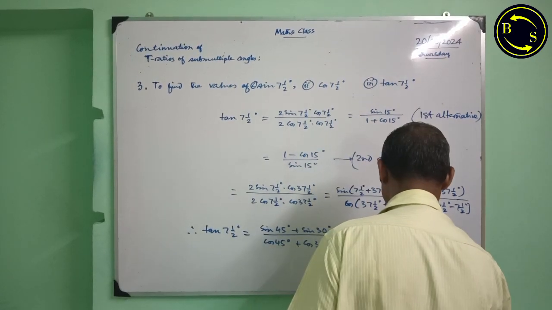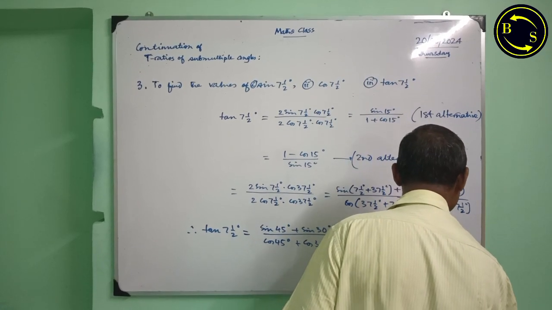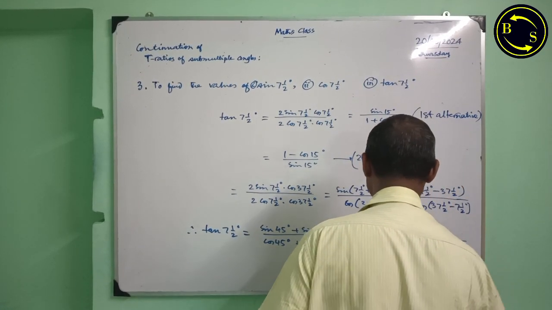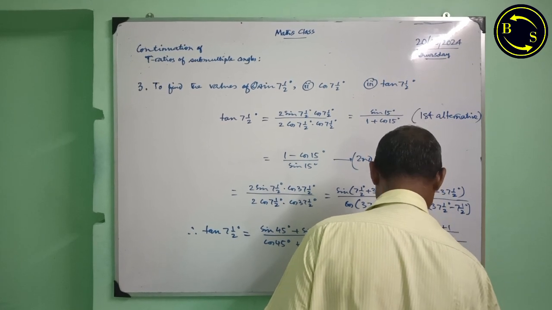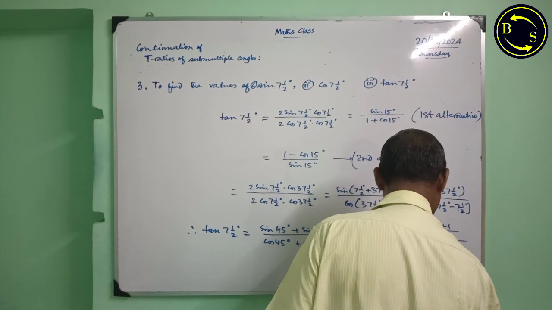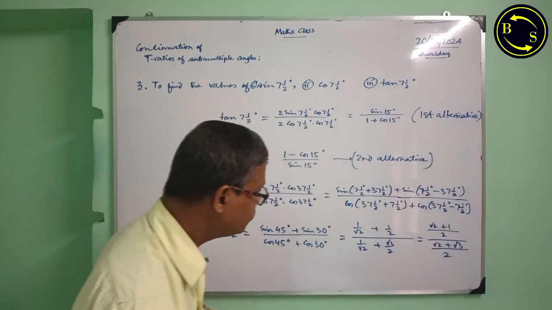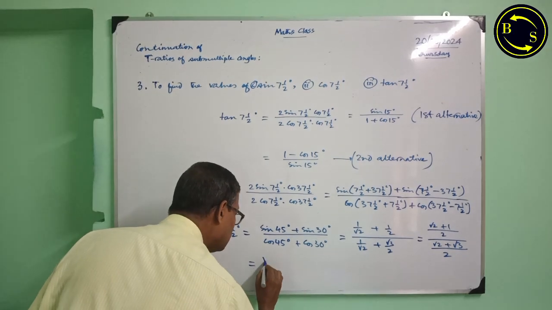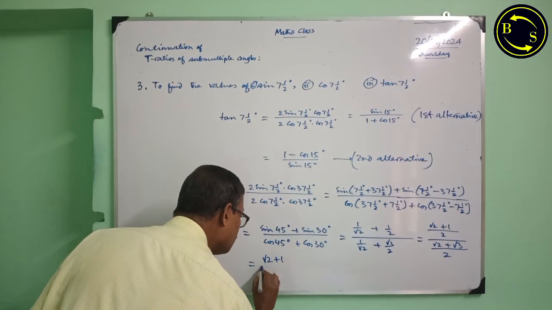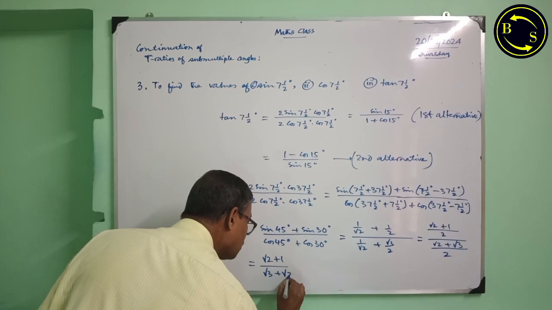That means tan 7.5 degree is equal to root 2 plus 1 by root 3 plus root 2.